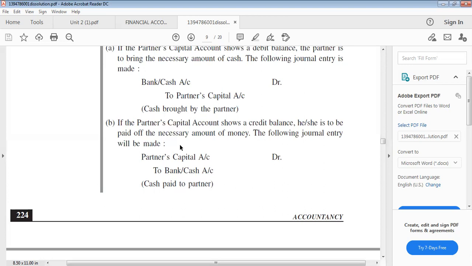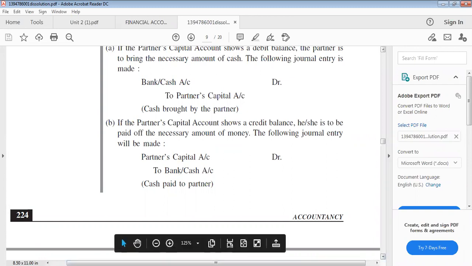The following journal entry will be made: debit partner's capital account, and credit bank or cash account. Cash paid to partner.